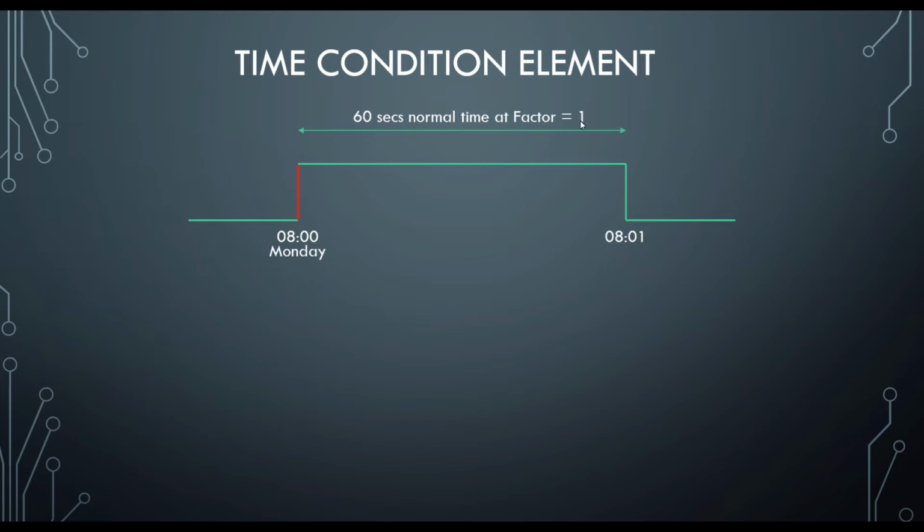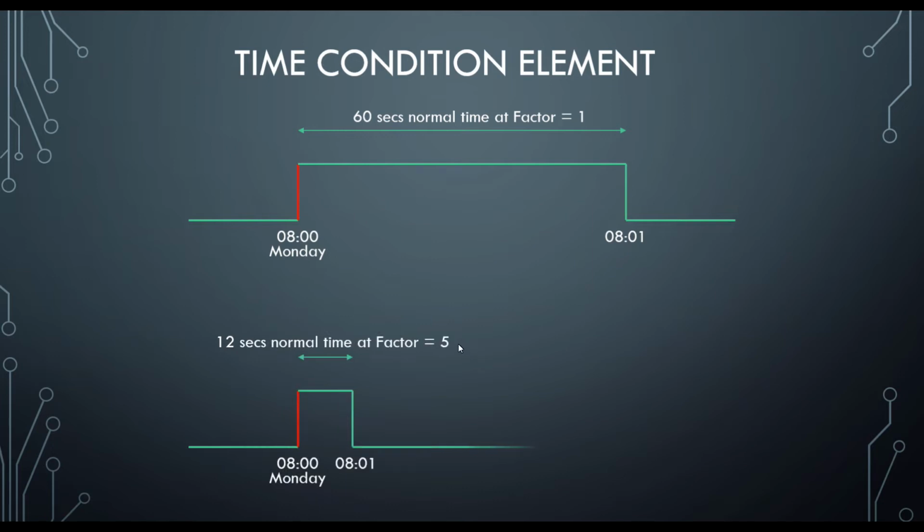Here's the same thing again, but with a factor of 5. The trigger event still occurs at precisely the same time, 0800 on Monday, and remains active until the clock reaches 0801.